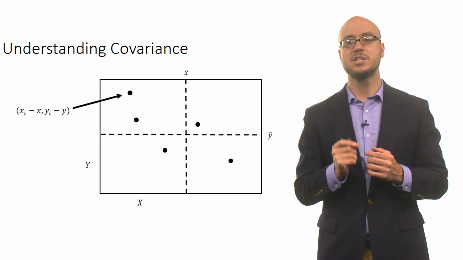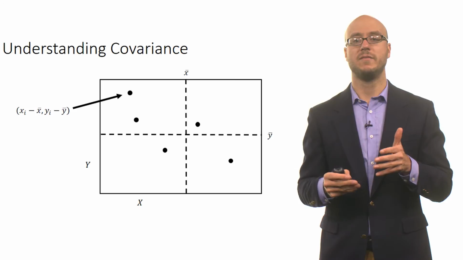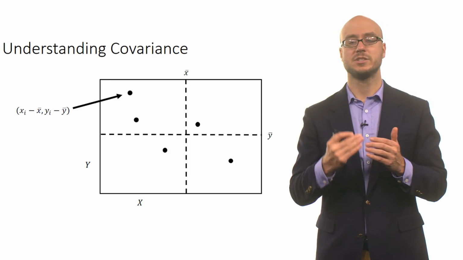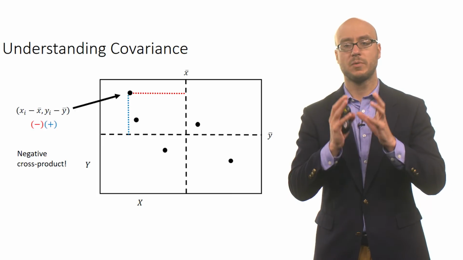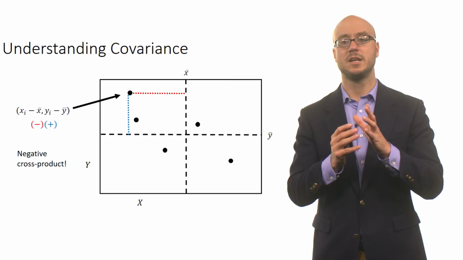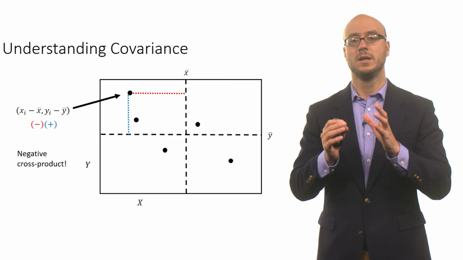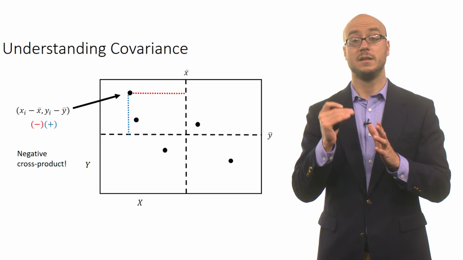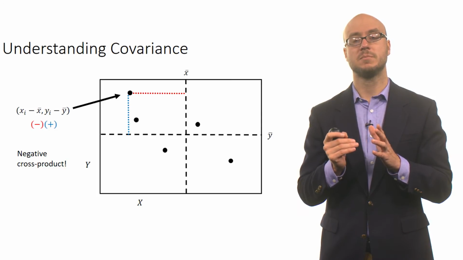Then you can locate each data point not based on the raw x and y values, but in reference to its deviations with respect to the mean of x and the mean of y. For example, for this data point, even though overall it has a positive x and a positive y value, in relationship to the means it's below the mean of x and above the mean of y.